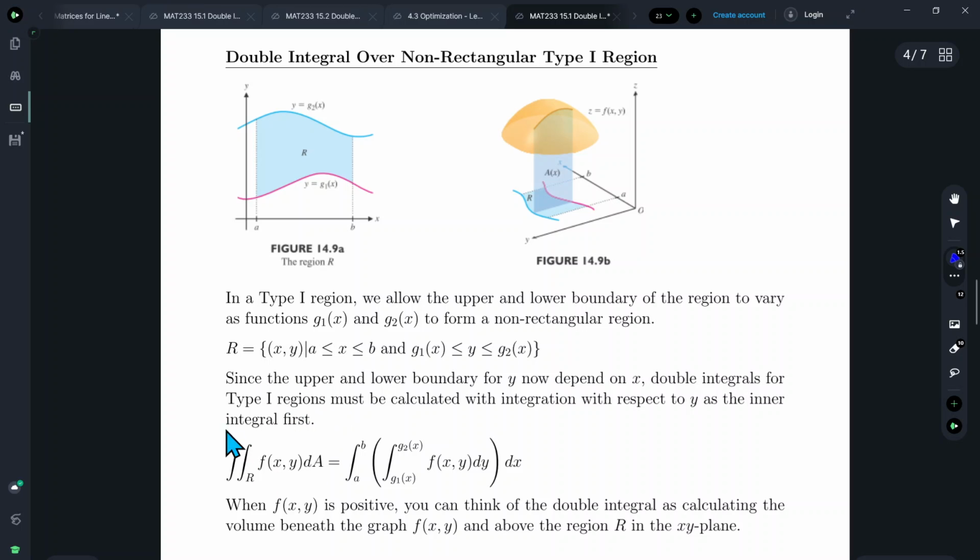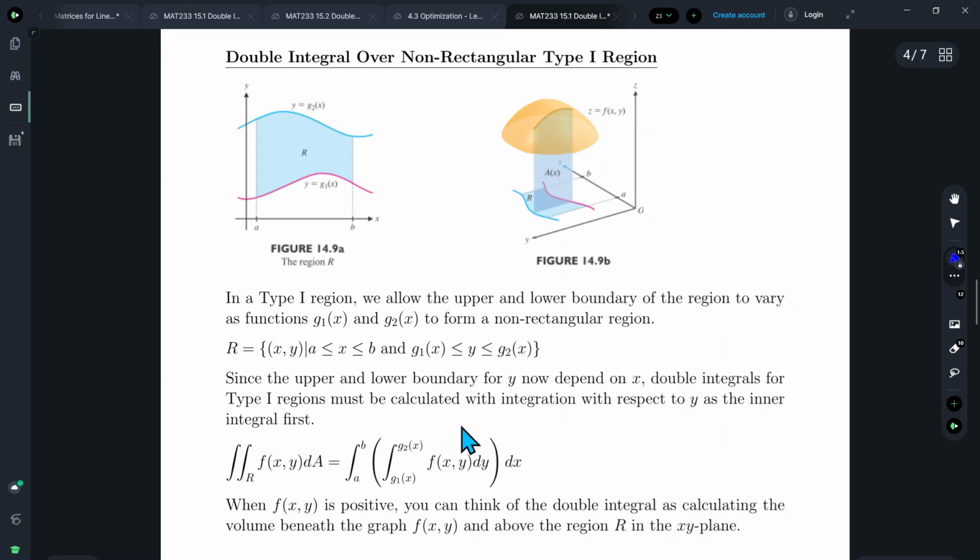So when we go to set up the double integral, because the outer integral has to be an ordinary integral, and x is the only variable that varies between two numbers, the outer integral has to be with respect to the variable x, and the variable y, which varies between two functions of x, is set up as the inner integral, right?